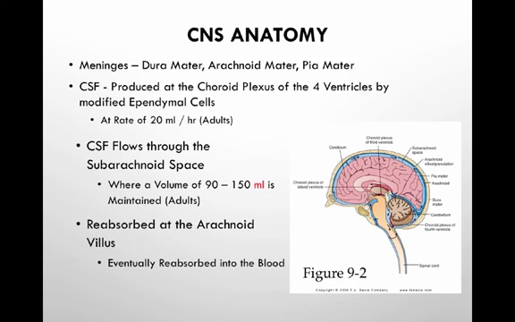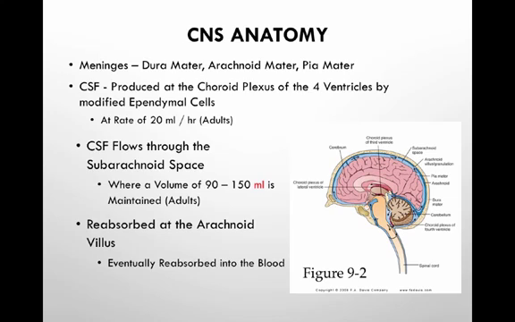When we talk about the central nervous system, the fluid that we are talking about here is cerebrospinal fluid. Just a quick overview of the central nervous system anatomy. We have the brain and spinal cord, which are surrounded by protective coverings called the meninges: the outer layer, or dura mater, the middle layer, or arachnoid mater, and the inner layer, or the pia mater.